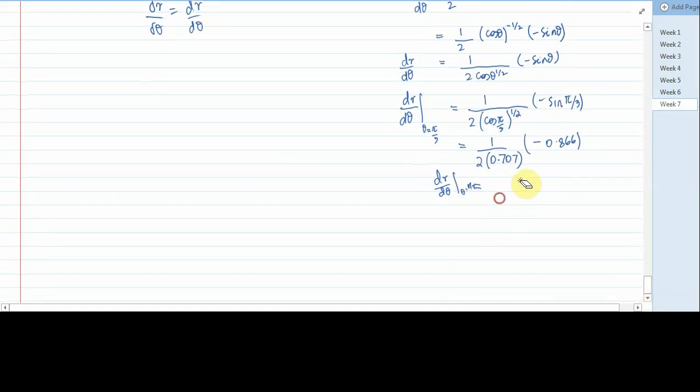So here I will write it in the denominator. I got 1.414, and in the numerator we have minus 0.866, right? So 0.866 divided by 1.414 leads to 0.6124 with a negative sign. That is my dr over d theta.